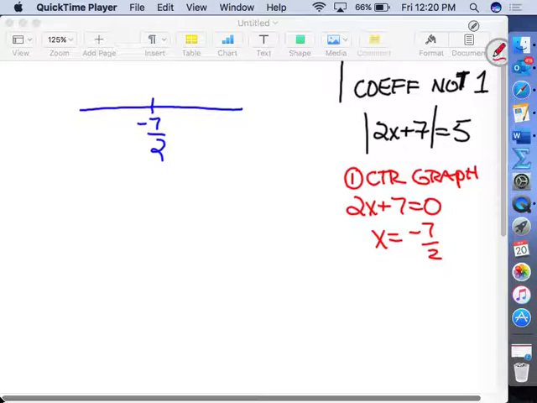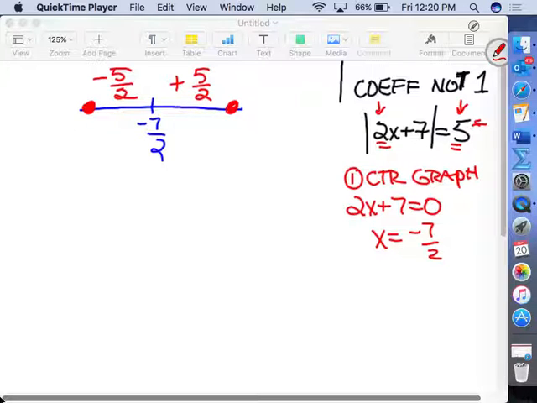Now, to arrive at my boundary points on either side of my center, I am now going to have to add the number that's sitting on the outside, but I need to divide this number by the coefficient on x. So I'm going to add 5 over 2 to the center, and then I'm going to subtract 5 over 2 from the center.